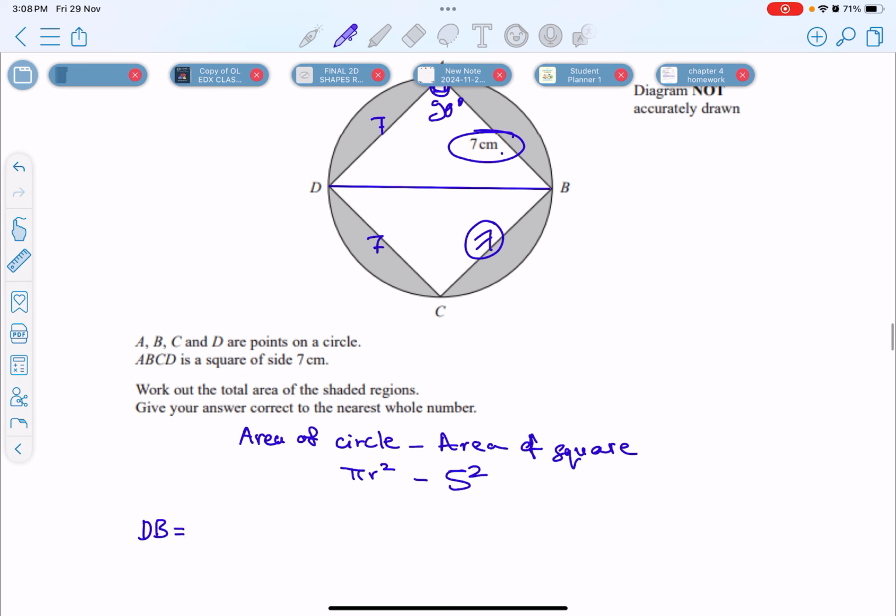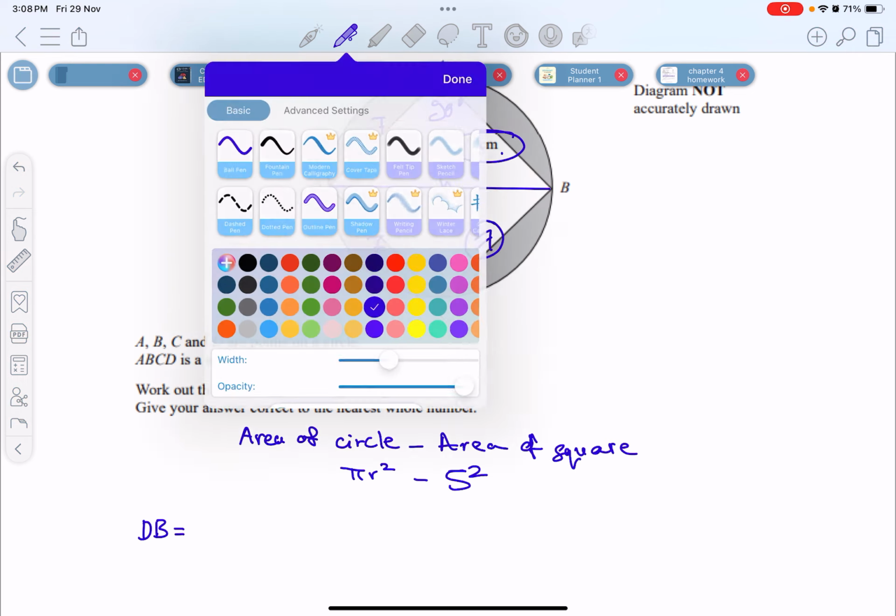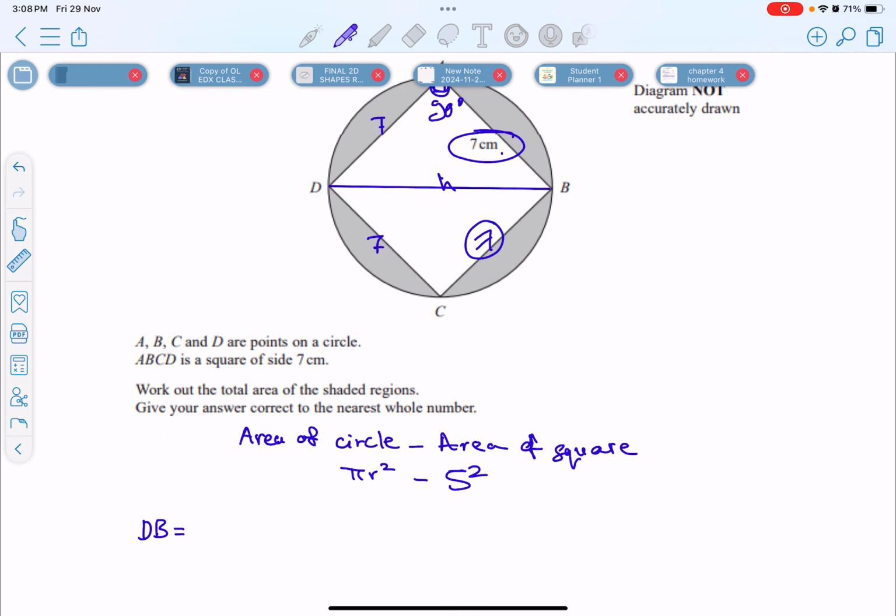Before any step, I'm going to identify the sides. This side is in front of this angle, 90, so it's going to be the hypotenuse. And these two random sides are A and B. So I know that the hypotenuse is the square root of A squared plus B squared. So DB is the square root of 7 squared plus 7 squared.